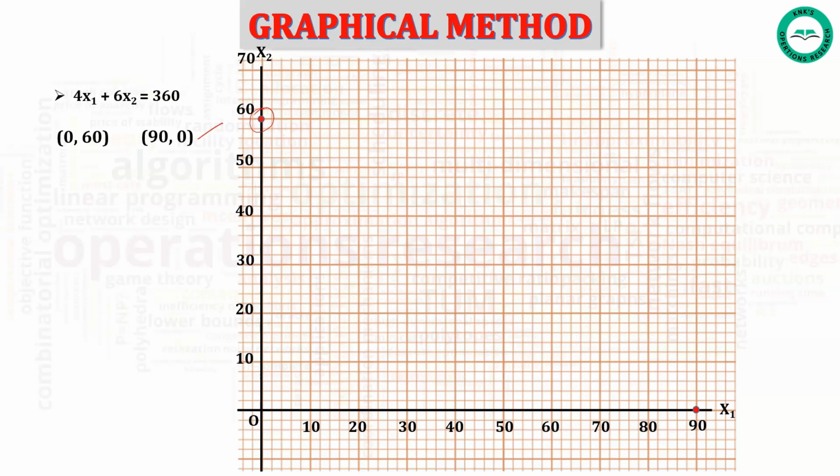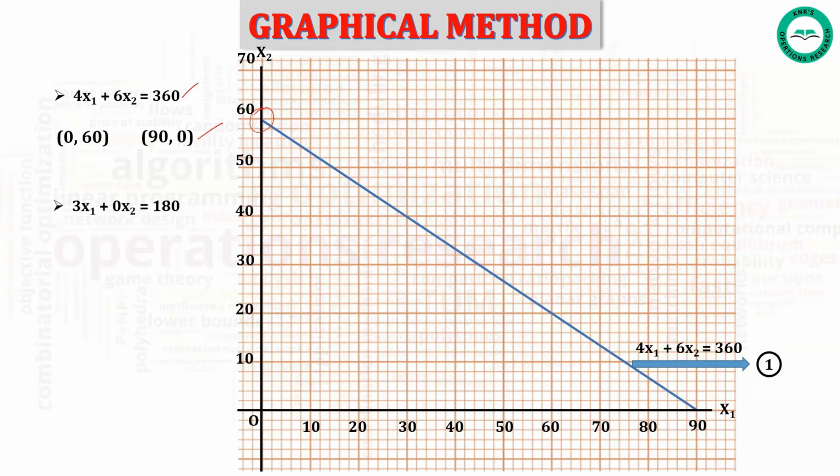Now connect these two points. So those points are connected with a straight line, and name the straight line with the given equation. Now take the second equation, that is 3x1 equals 180. So 0 comma 0 and 60 comma 0.